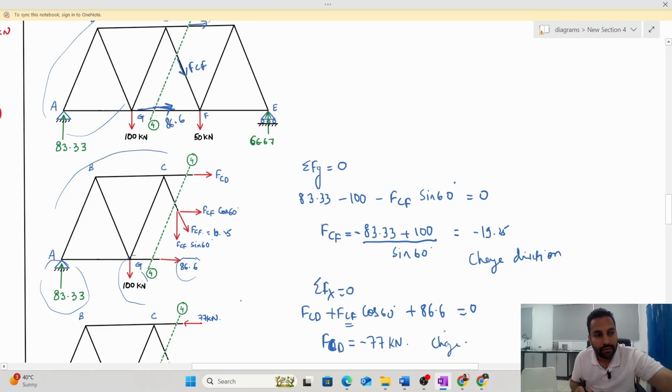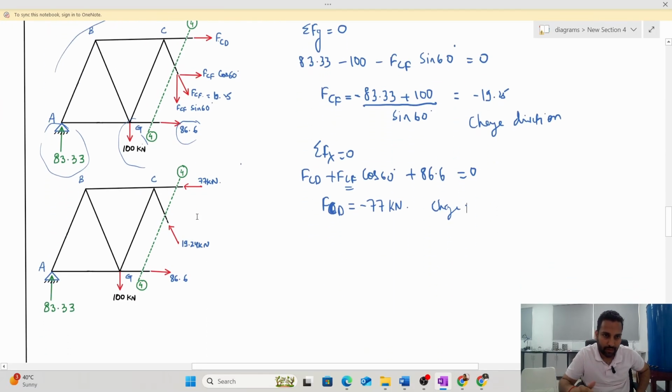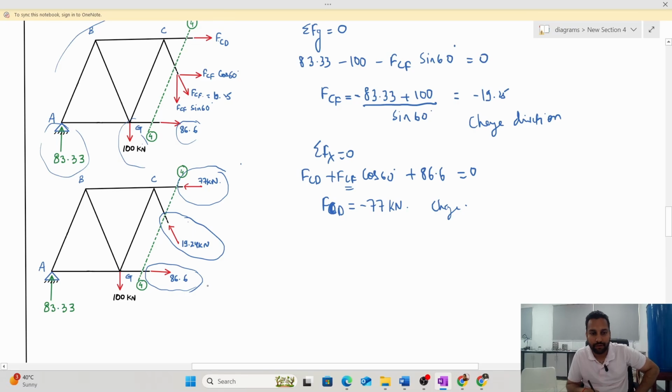So FCD should also be towards the section. Here I have made 77 towards the section, 19.24 towards the section, and 86.6, which was already found out in the previous section, is away from the section, not the joint.